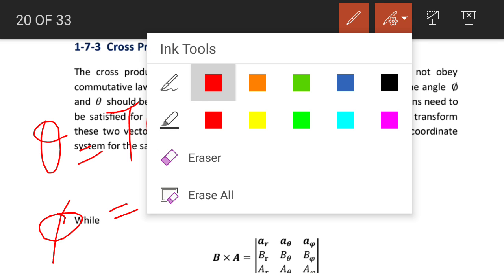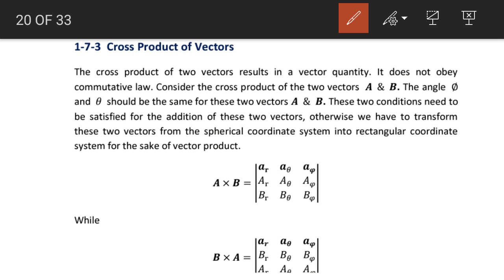If these two conditions are satisfied, we will calculate A cross B with the help of this particular determinant. In the first row of this determinant, we have the unit vectors AR, A theta, and A phi.